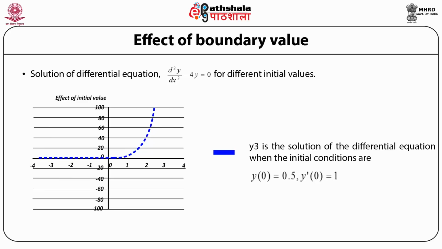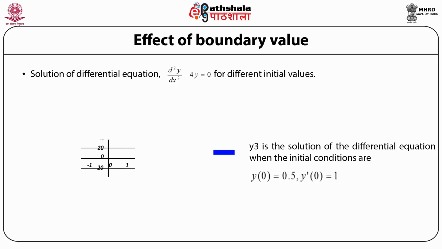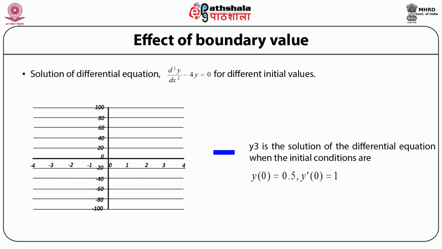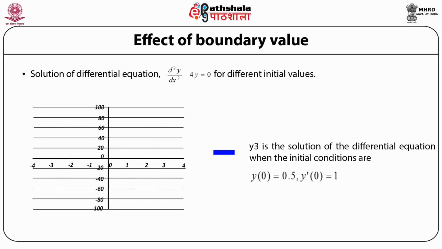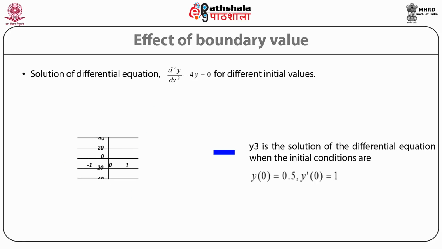We are going to see the third solution for the same differential equation. Here the boundary values are y of 0 is equal to 0.5 and y dash of 0 is equal to 1. And here you can see the blue curve is partially different from the previous two curves. One side it has a U and the other side it has a value 0 all throughout.